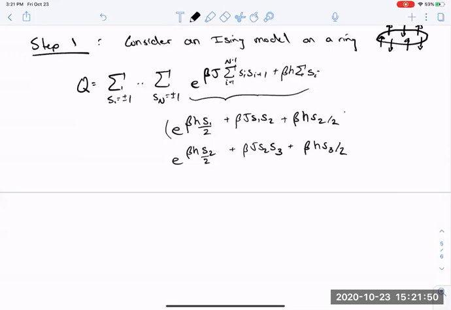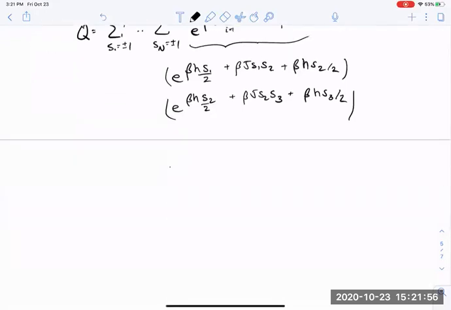So again, these are products of terms. If I kept going, I would get all the way up to e to the beta h s n by 2 plus beta j. It's on a lattice, on a ring, so S1 is connected to Sn.